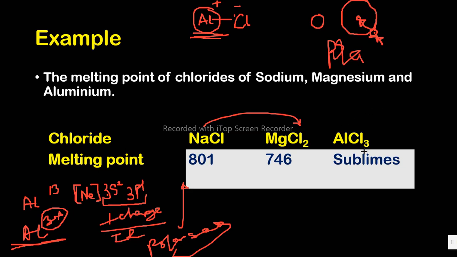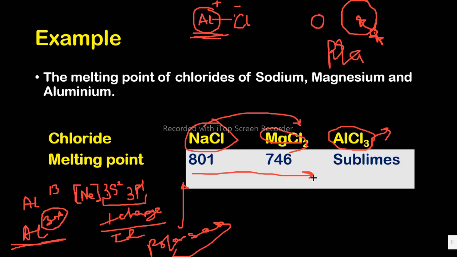And remember, covalent bonds are weak, and covalent compounds boil at very low temperatures. So what does that mean? It means that aluminium chloride is going to boil at very low temperatures compared to these two, magnesium chloride and sodium chloride. But even across this, there is a decrease in melting point. This is melting, not boiling.